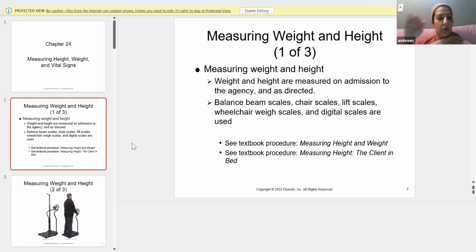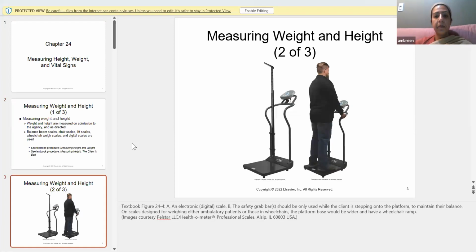Everything we put at 0, we ask the client to sit or stand on the different scales, and we do the weigh. It depends on the mobility of your client. So this is for those who are stable or can stand. Even if the person is sick, we stand by the person.